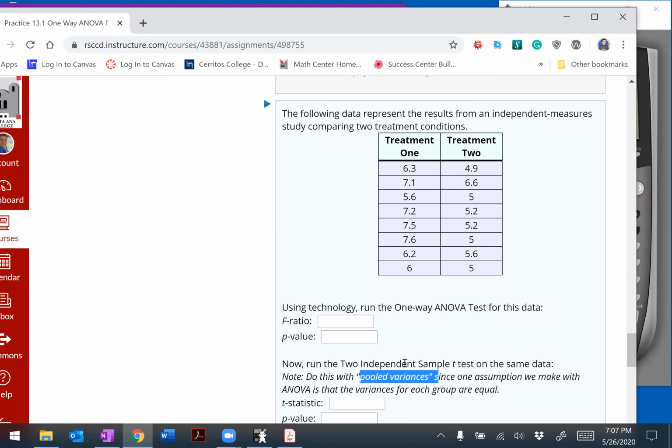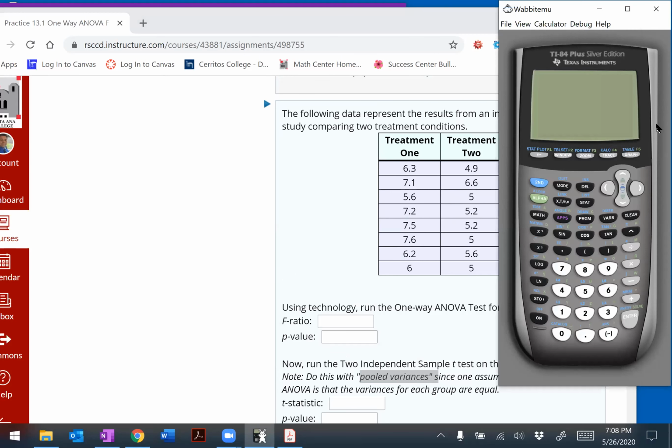Okay, and they're saying pool the variances, which means roughly, which means that the two are not independent; they're dependent on each other. Okay, so it's saying just as a comparison, they're going to do.